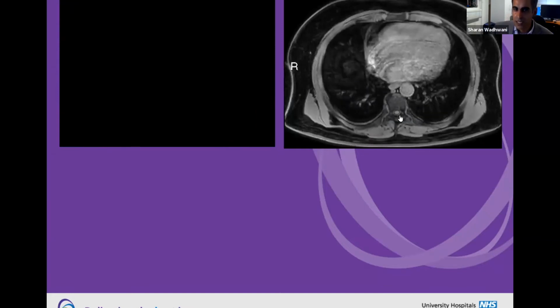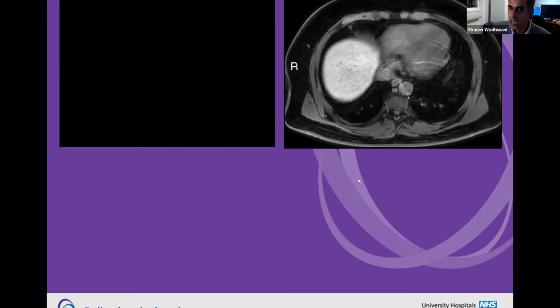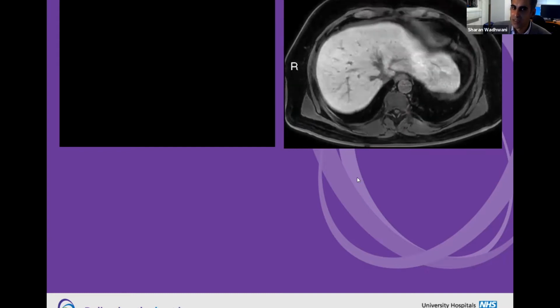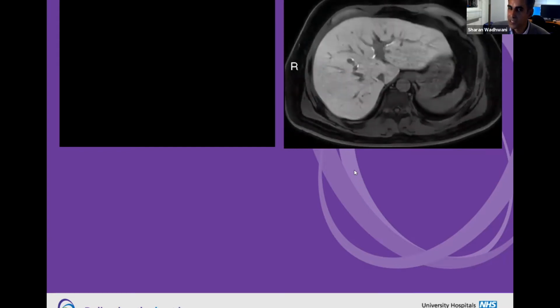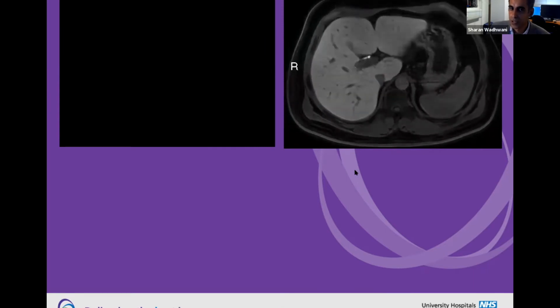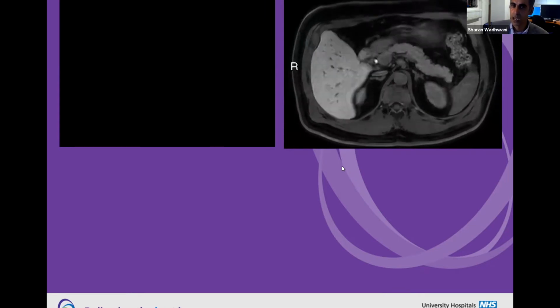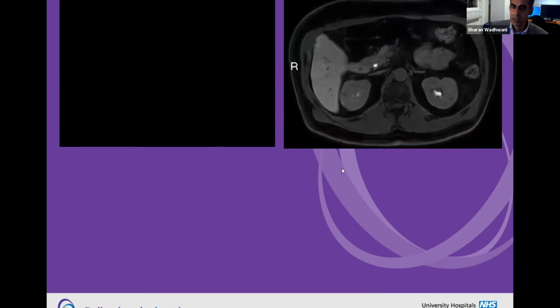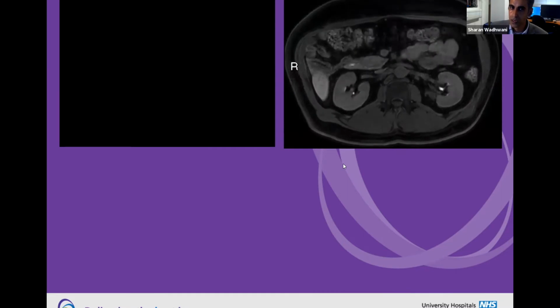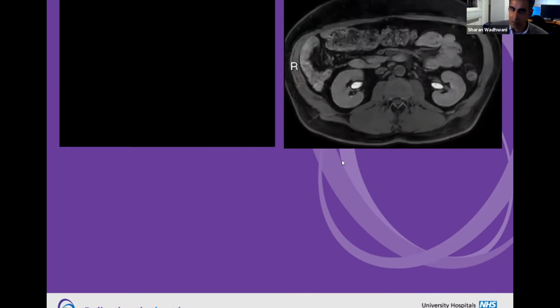This here on the right is a late 20-minute delayed phase in a patient that's been given hepatobiliary contrast. So what that is, it's contrast that is picked up by hepatocytes, makes the background parenchyma bright, and therefore any non-hepatocellular lesion looks like a black hole.